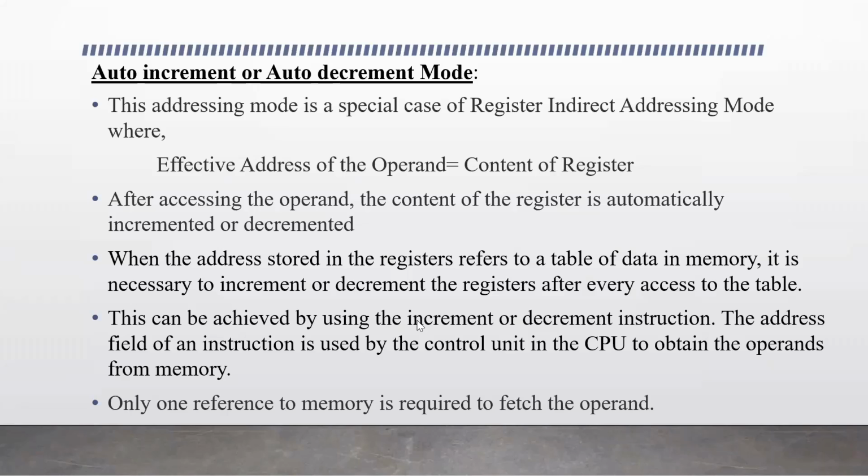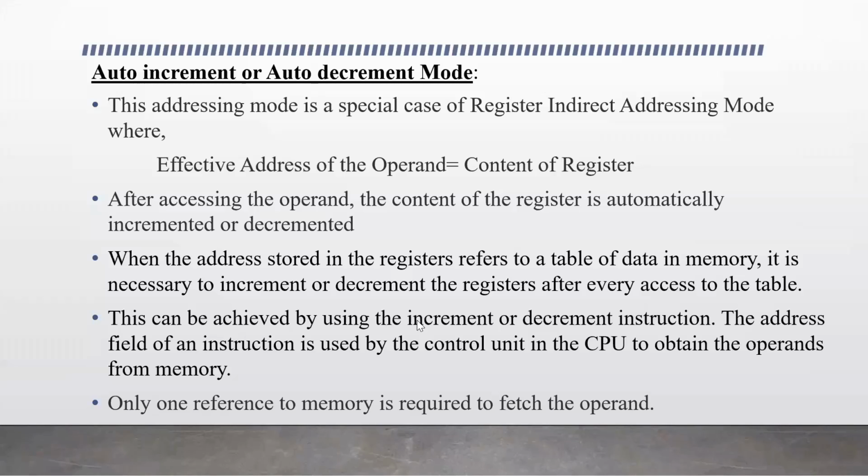And we also discussed auto increment and auto decrement mode. It is the same as the register indirect addressing mode. The effective address will be there in one of the registers. And the difference is, when the operands are stored in a table in memory, we need to locate the operands one after the other in the table.